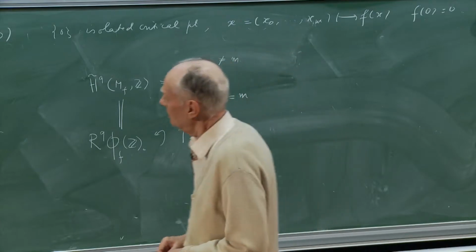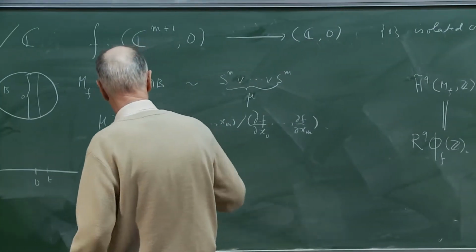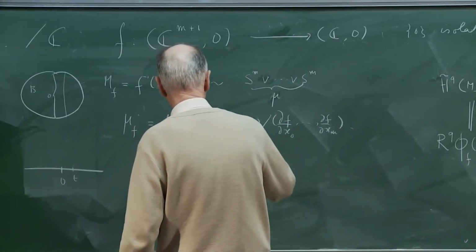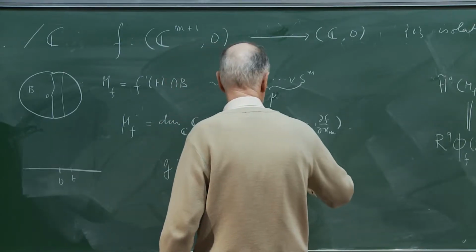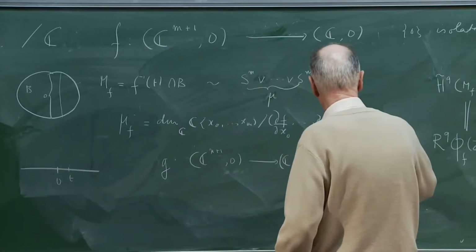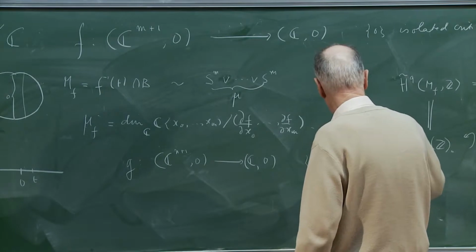Now, suppose that g is a second germ of holomorphic functions, C^(n+1), 0 to C, 0, having also 0 as an isolated critical point.